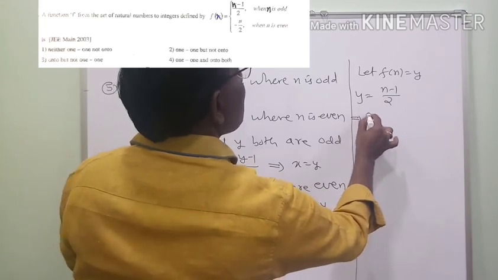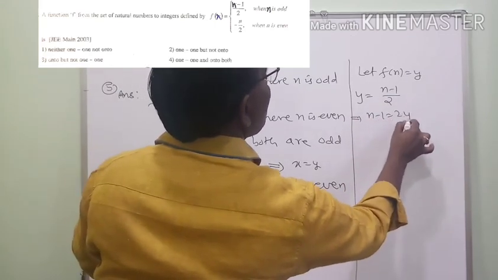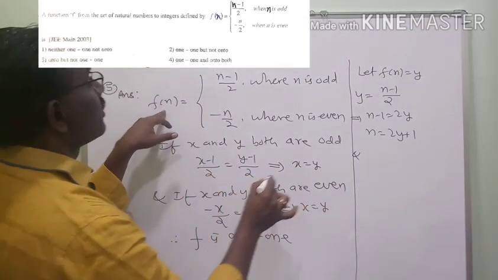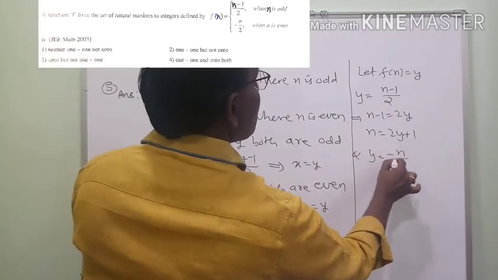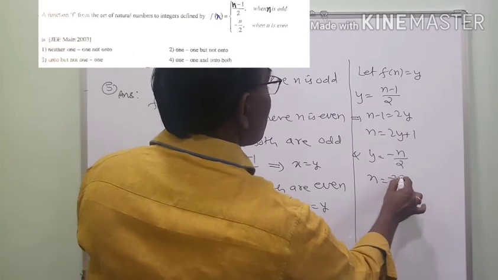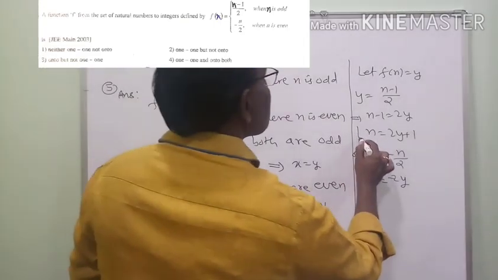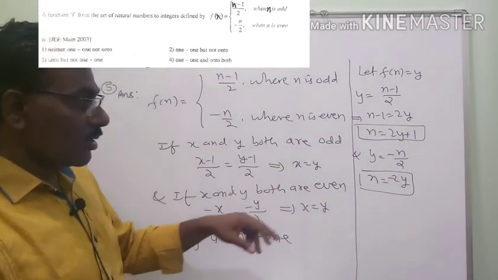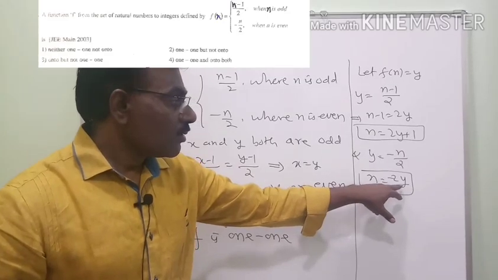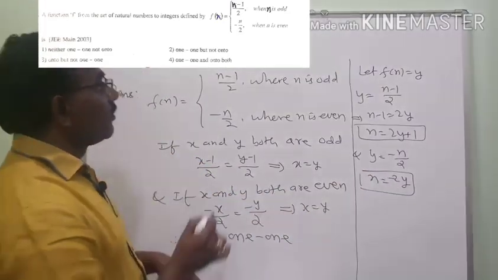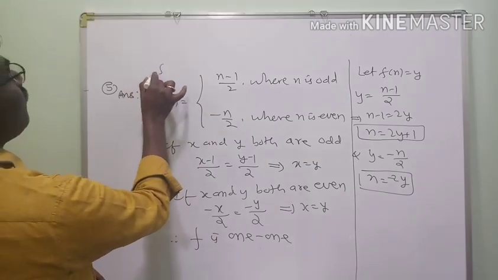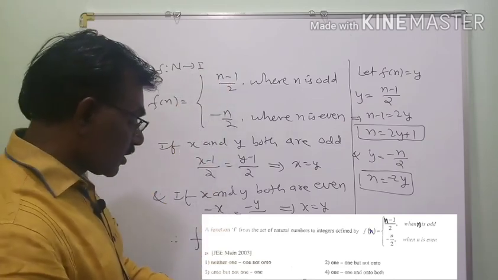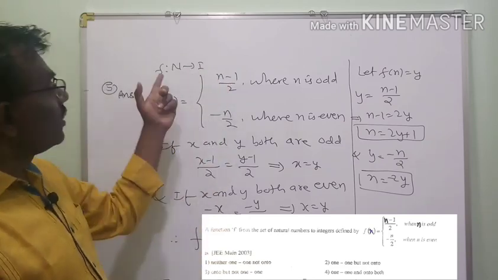It implies n minus 1 equal to 2y, n equal to 2y plus 1, and y equal to minus n by 2, n equal to minus 2y. Okay, so this is 2y plus 1, this is minus 2y. Here, what is the mapping? The mapping is f from the set of natural numbers to integers.